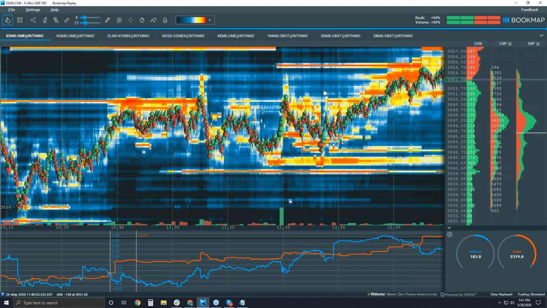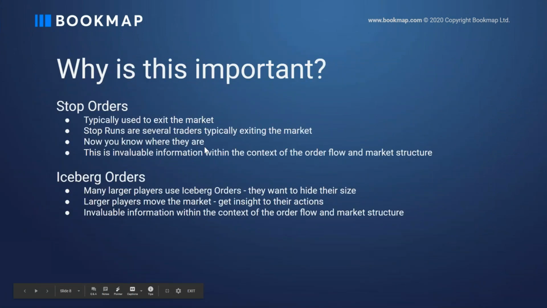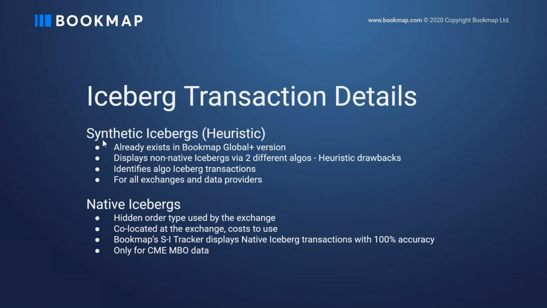All right. The last question: can the SI tracker be avoided by large market participants who want to hide their activities? It says, I read that market participants can reroute their orders so they do not show up in the Rhythmic MBO data. Well, for example, iceberg orders, then you wouldn't use the native hidden order type from the CME. Let's go over that slide again. Instead, the trader would be using synthetic icebergs or heuristic iceberg orders.